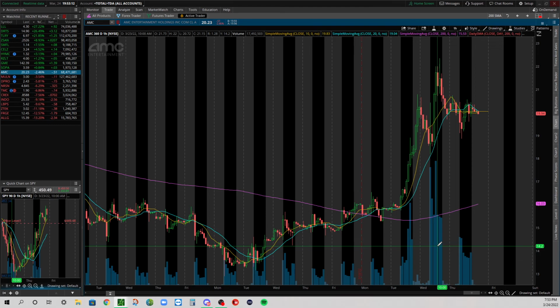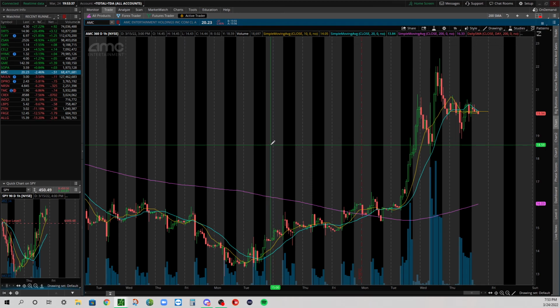So for example, AMC. It doesn't show the float on here, but I'm going to look at it on my phone real quick. Okay, so AMC has 516.78 million shares available.